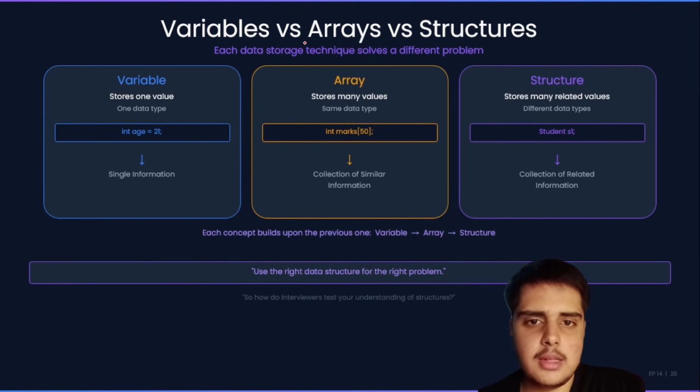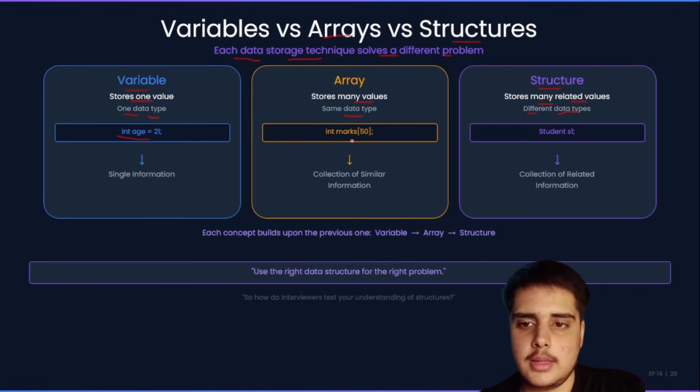So variables versus arrays versus structures. Each data storage technique solves a different problem. Variable stores one value, array stores many values, structure stores many related values. Variable has one data type, array has the same data type, structures can have different data types.